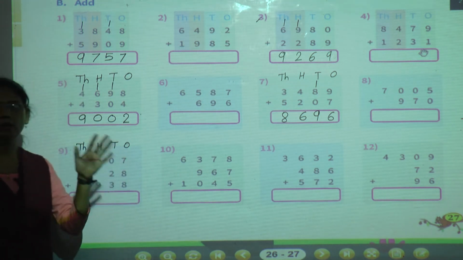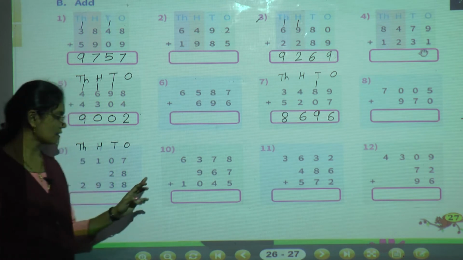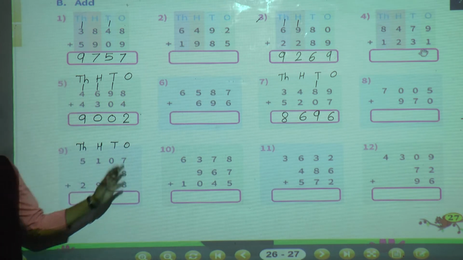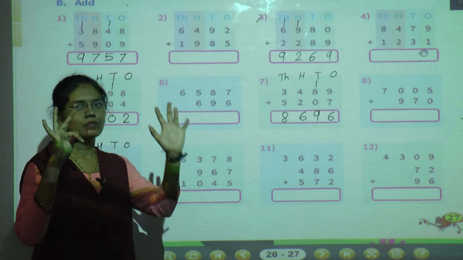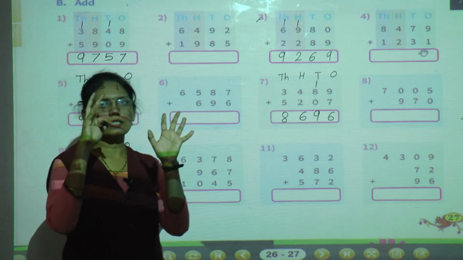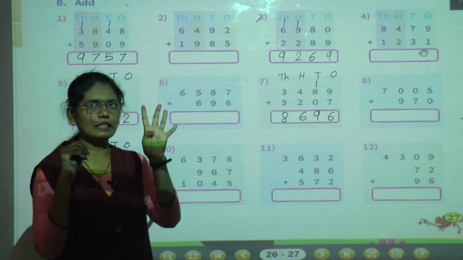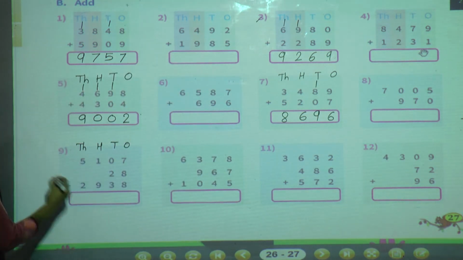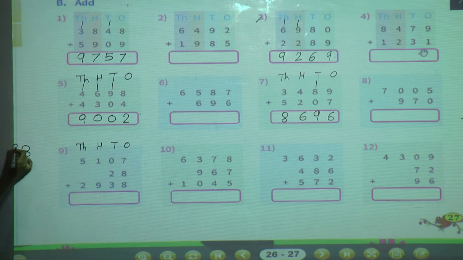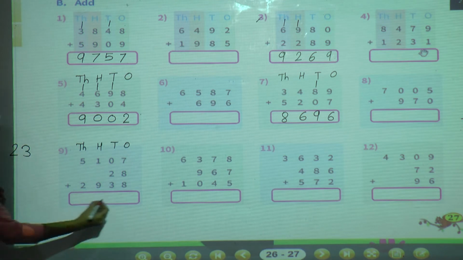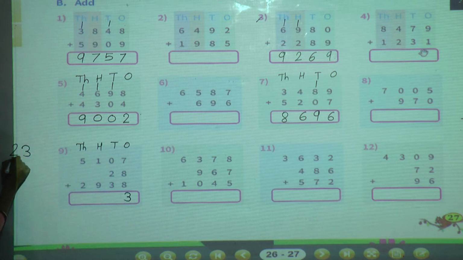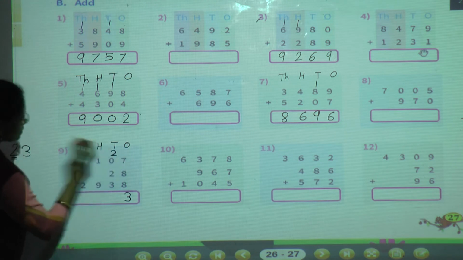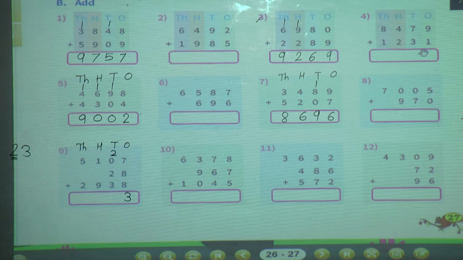After 15 count your 8 fingers. 16, 17, 18, 19, 20, 21, 22, 23. So now here 23 ones means 3 ones and 2 tens. So at tens place we will give 2 as a carry.